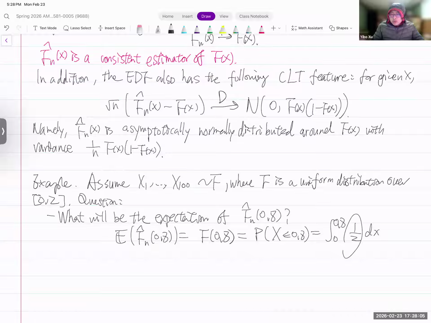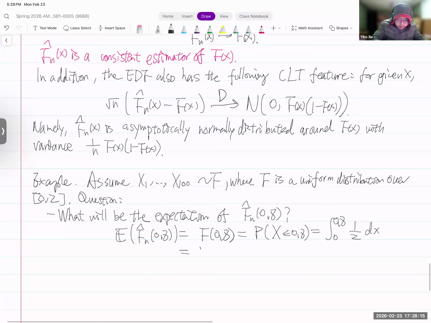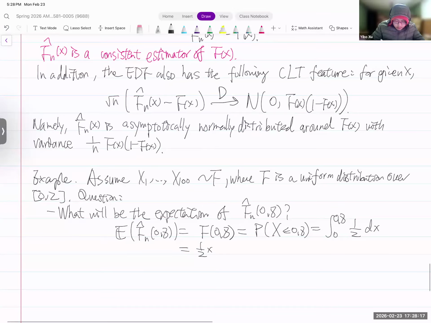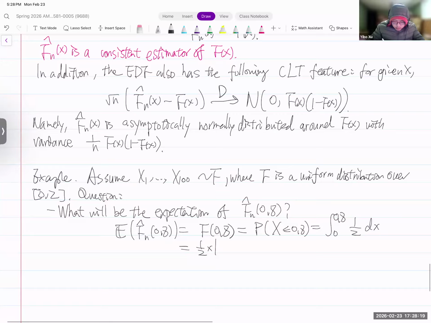Basically, you have 1/2 uniformly in the interval, and you integrate from 0 to 0.8. So that's 1/2 x evaluated at 0 and 0.8. So that's 0.8 over 2, which is 0.4.